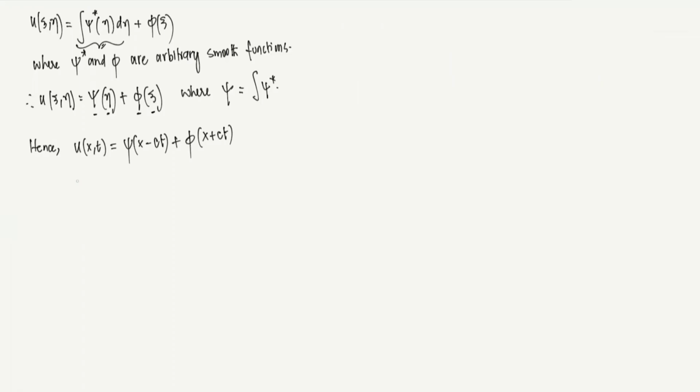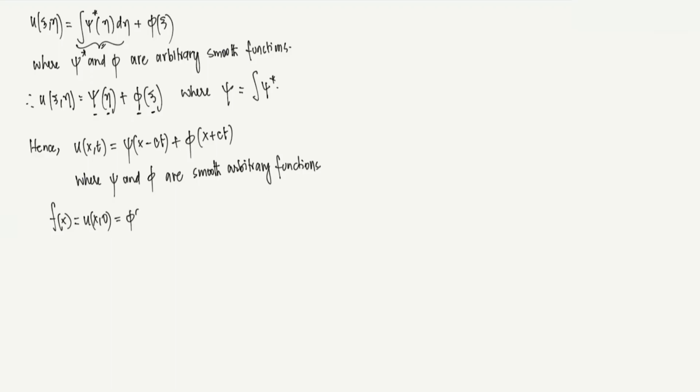Where phi and psi are smooth arbitrary functions. Clear? Okay, now you see we have to have some initial condition satisfied, right? What is the initial condition? f of x equals u of x, 0. Clear? So what is it?